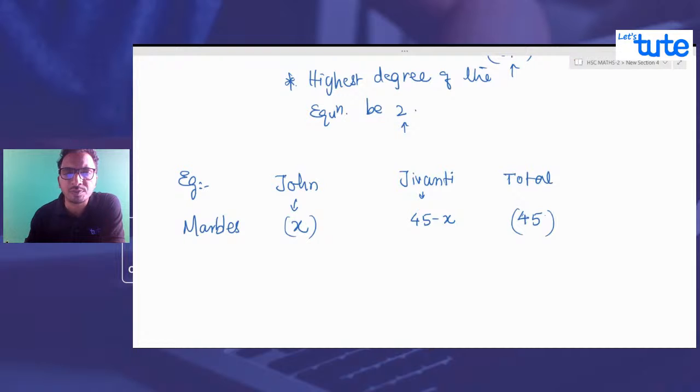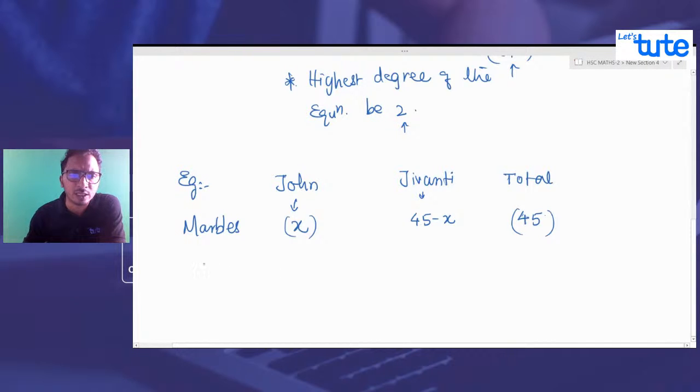Now we have a certain distribution. Out of 45 marbles, x is given to John, and the remaining 45 minus x is for Jivanti. And what else is given? The product of the number of marbles they now have is 124.